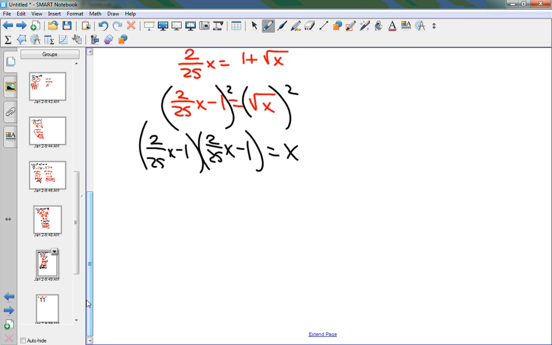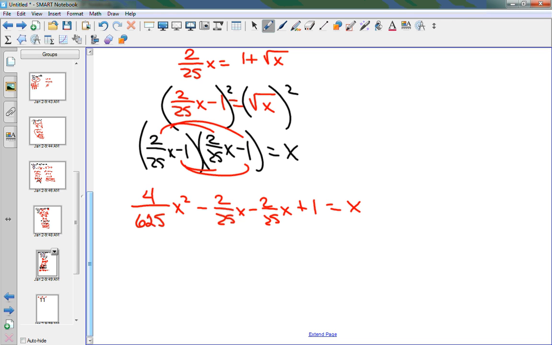FOIL. 2 times 2 is going to be 4. 25 times 25 is 625 x squared minus 2 over 25 x minus 2 over 25 x plus 1 is equal to x. First, outer, inner, last. That's all I did there.